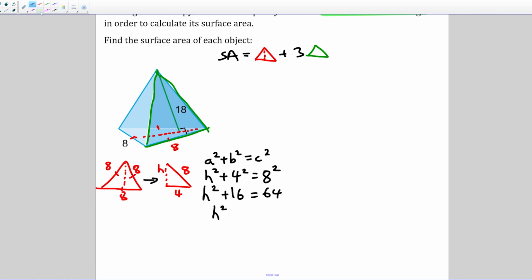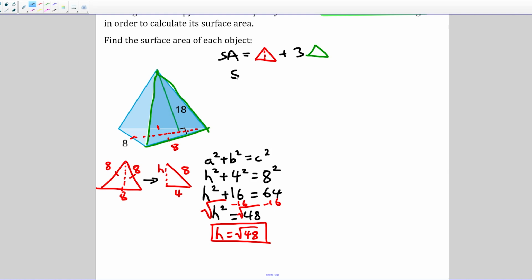I'm going to subtract 16 from both sides, and that leaves me with 48. Once I square root both sides, I'll be left with h equal to the square root of 48. So I'm going to use this as the height of this bottom triangle here.